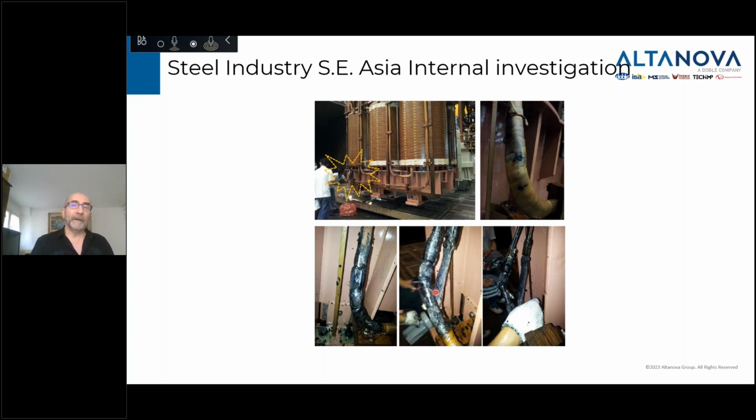So again, by using very accurate DGA measurement and very accurate diagnostic tools, they were able to predict that some kind of fault was going on in that transformer, and make the right decision to shut it down and do some repair before that fault became even more critical in the operation of their transformers.